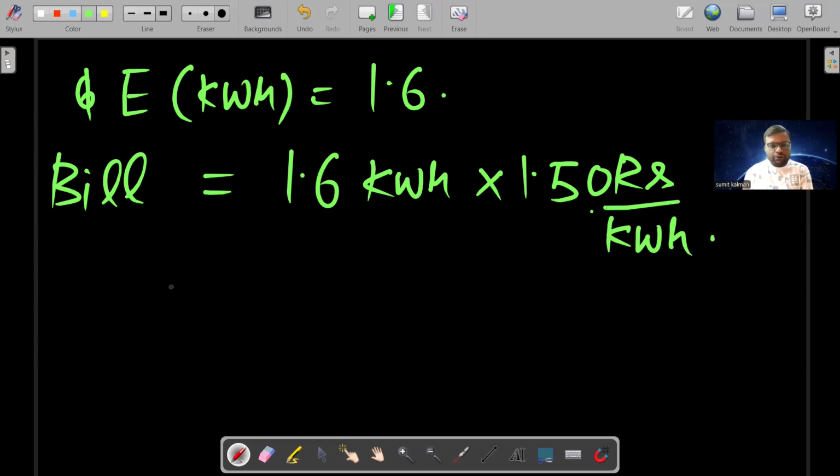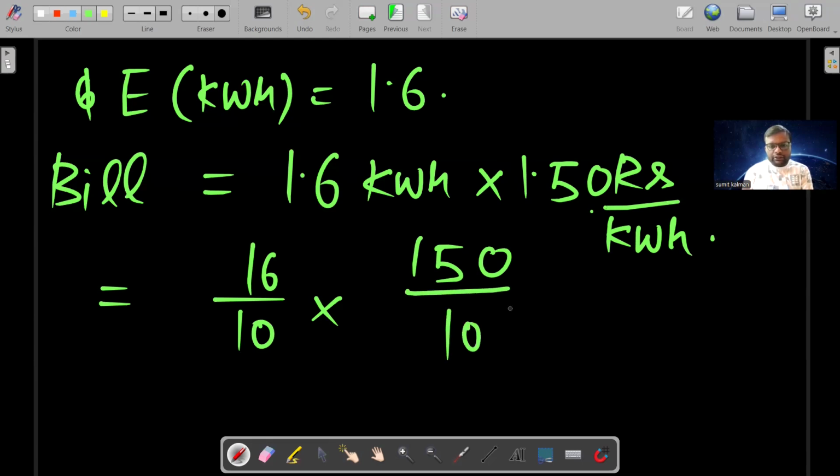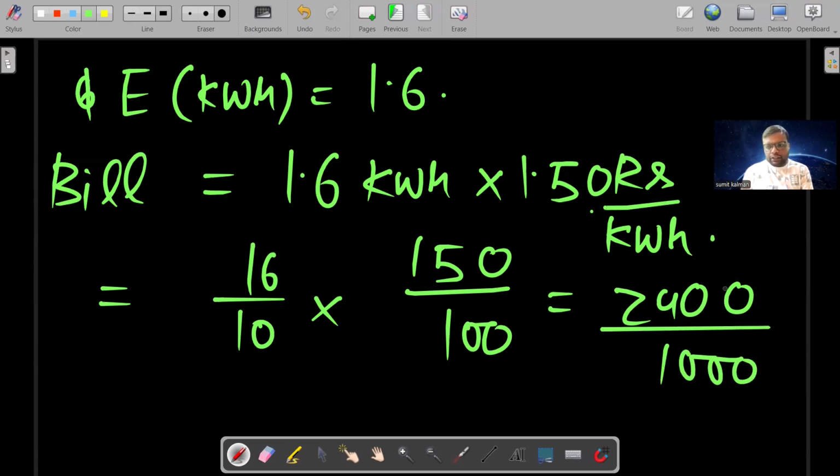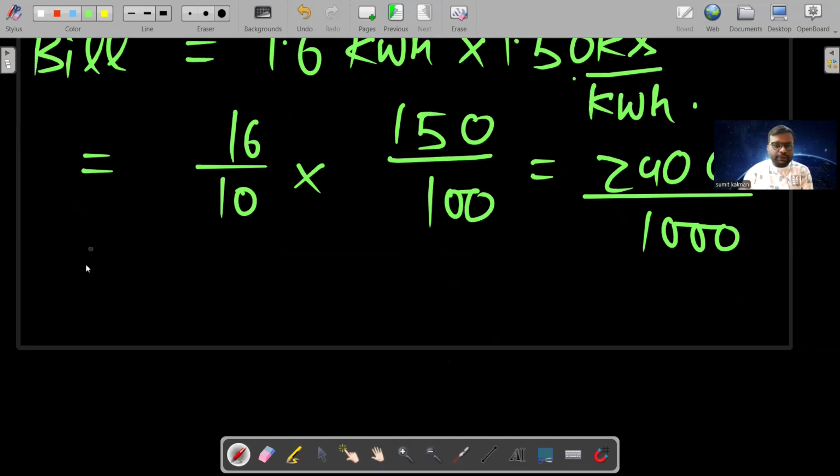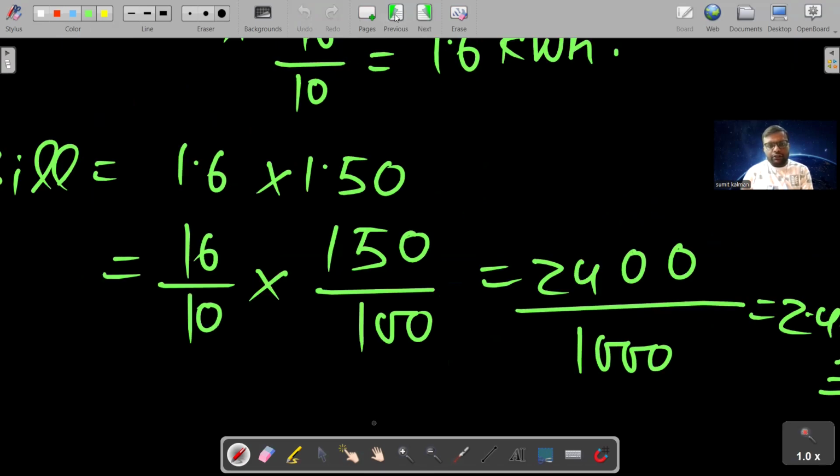So here students, it will become 16 upon 10 into 150 upon 100. If you calculate this, it comes to 24 upon 10. So here you will get 2.4. So this is the correct answer.